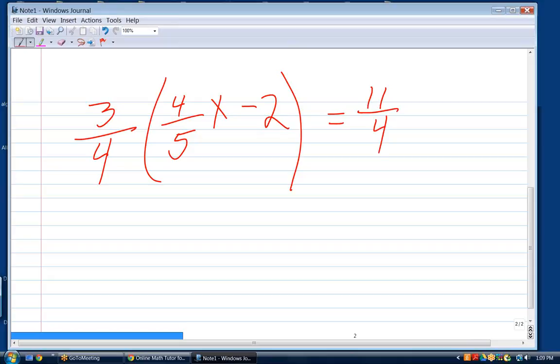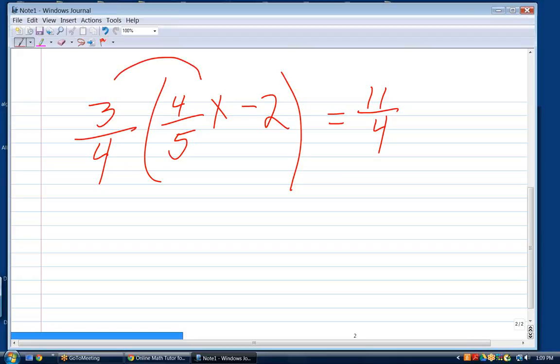We might have even done this. I'm not sure. I don't think we did. But what would your normal course of action be here? Well, I would multiply what's in the parentheses by 3/4. Okay. What do you get? Let's do that. Well, are the 4/5 and the x, are they combined?